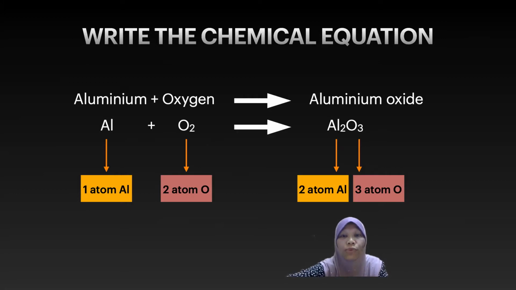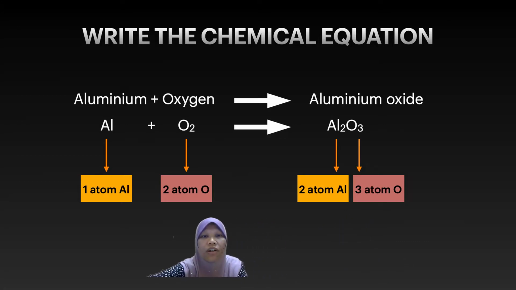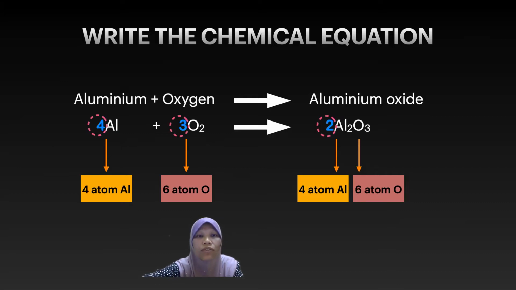Now what we have to do is put 3 in front of oxygen. When we put 3 in front of oxygen, the oxygen will become 6 atoms.